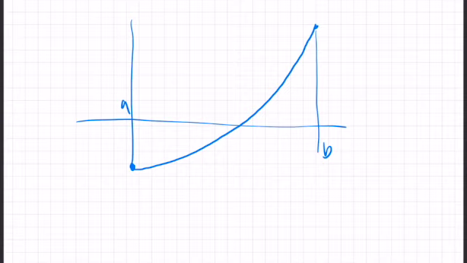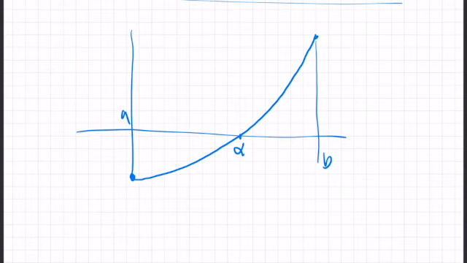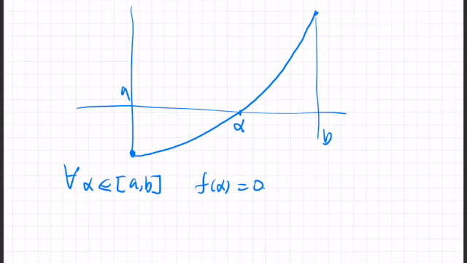So by the intermediate value theorem, which you have learned in a previous chapter, there is some alpha in this interval such that f of alpha is equal to 0. And since this function is strictly monotone increasing, such alpha is unique. That means there is only one such alpha that makes f of alpha equal to 0.